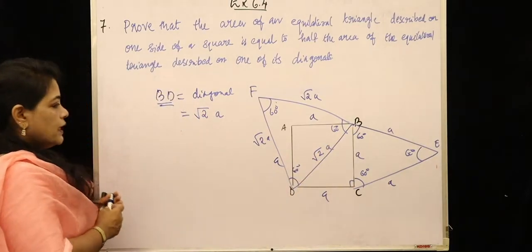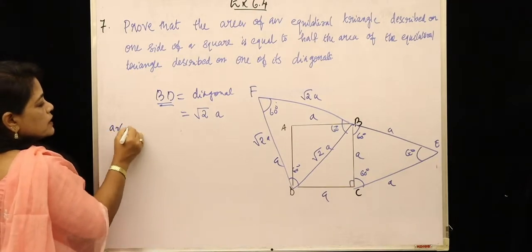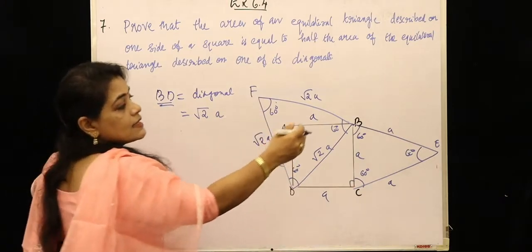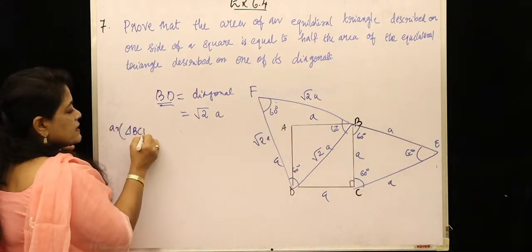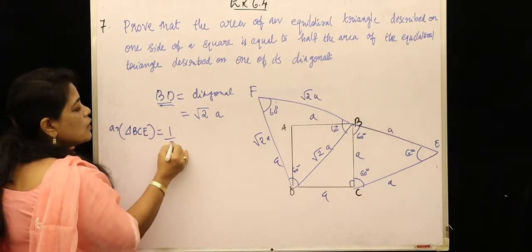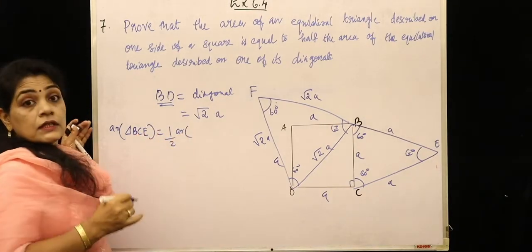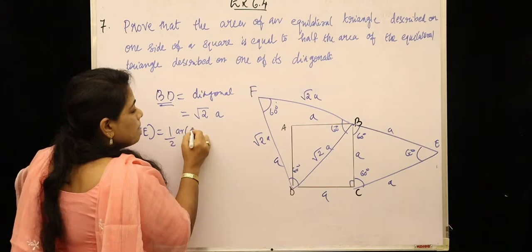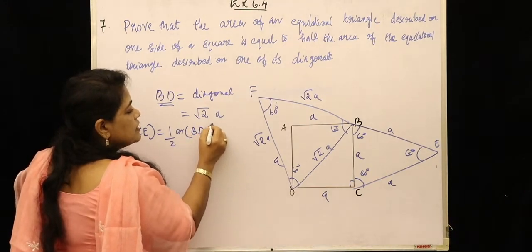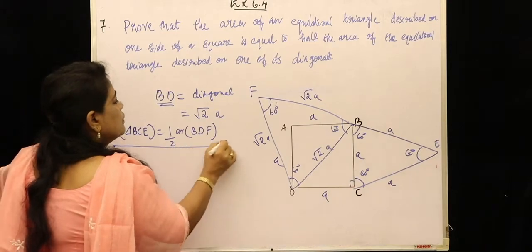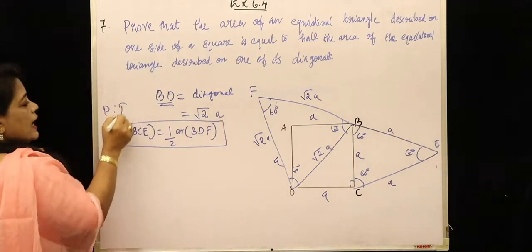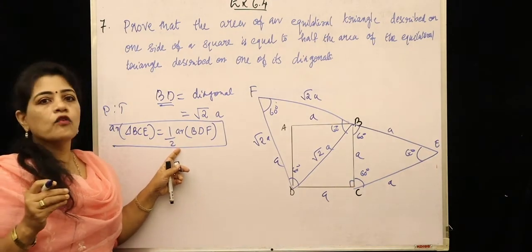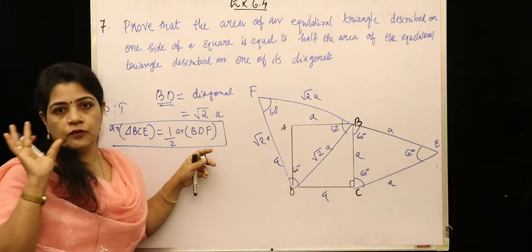That means we have to show that the area of the triangle described on the side of the square, that is triangle BCE, equals half the area of the equilateral triangle described on the diagonal, that is triangle BDF. This is what we need to prove. We have to prove that area of triangle BCE equals half the area of triangle BDF.